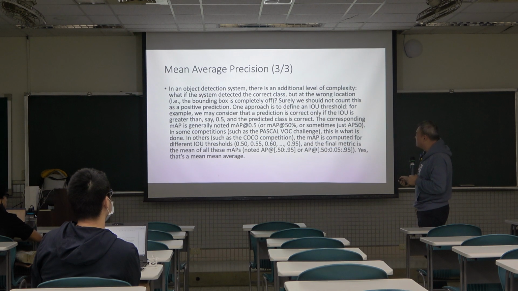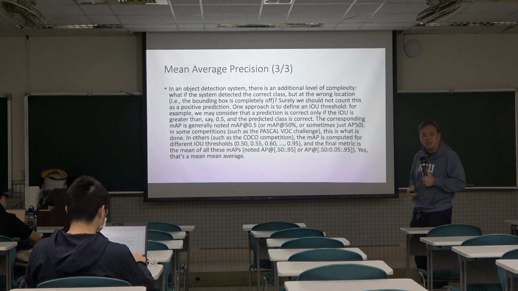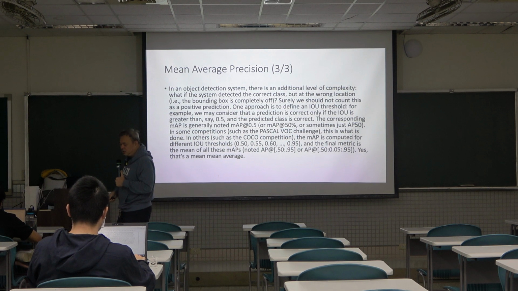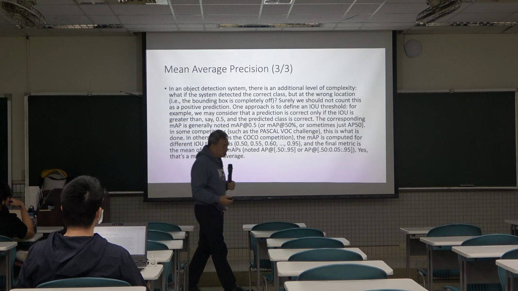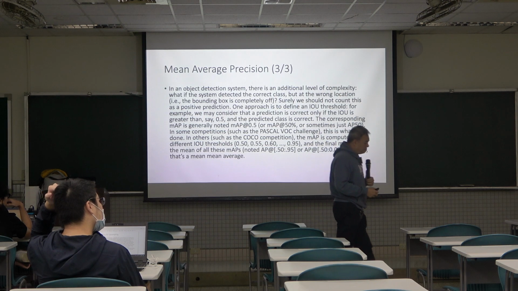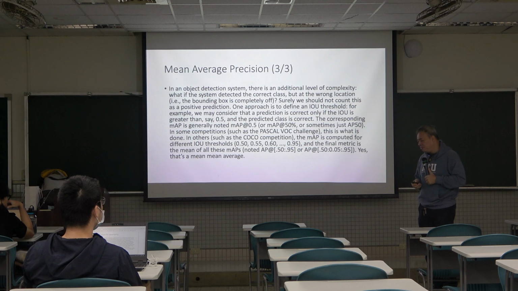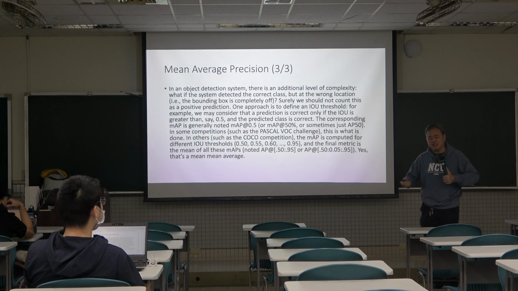I just want you to understand how we use this mAP metric in object detection completely. When you read the papers, you will see mAP come up quite frequently, but they probably don't spend much time explaining what mAP or mAP at 50 means.